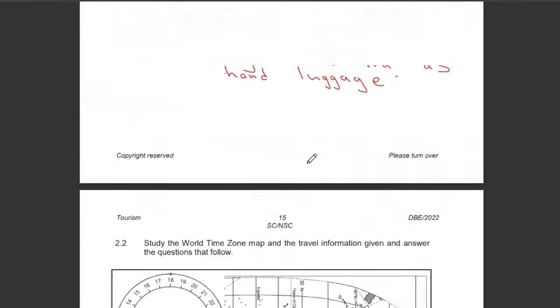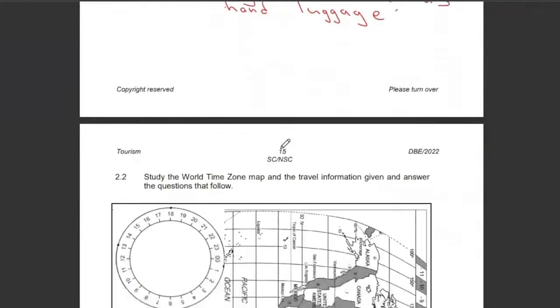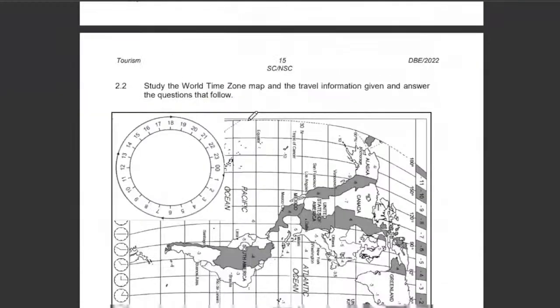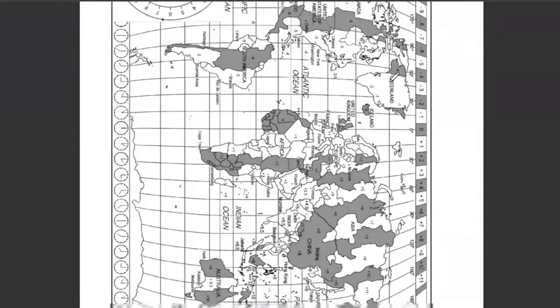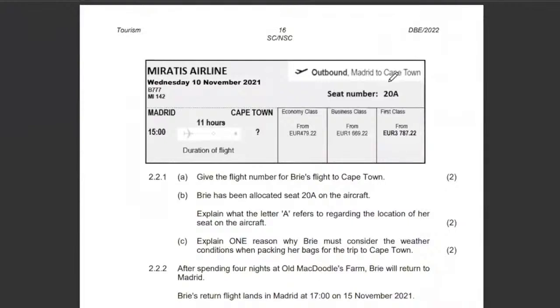Now, looking at 2.2, you are required to study the world time zone map and the travel information given in the scenario, and answer the questions which follow. We have an airline ticket there. That is Emirates airline, outbound from Madrid to Cape Town.